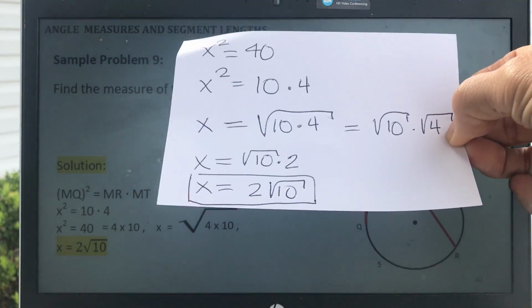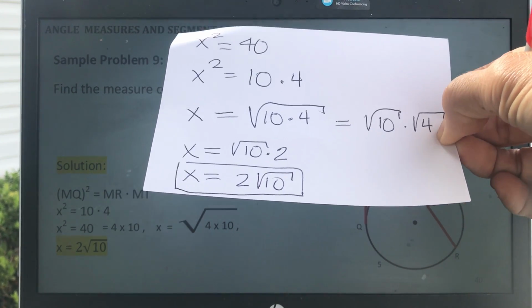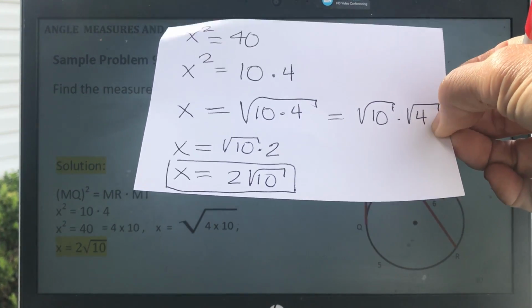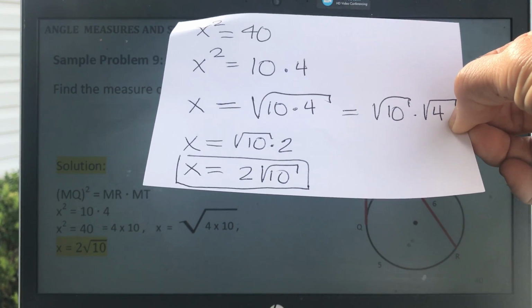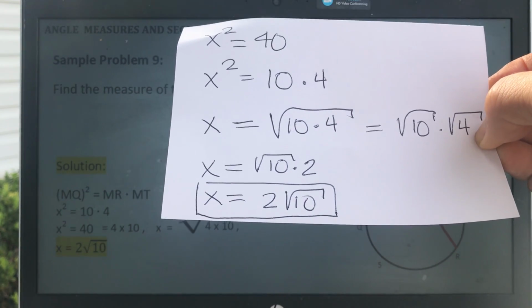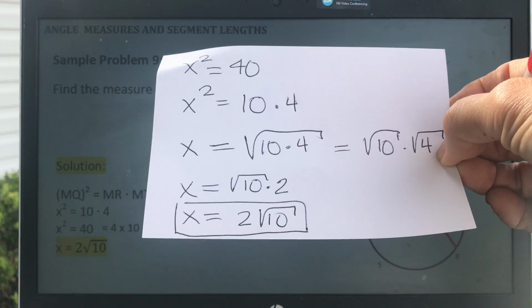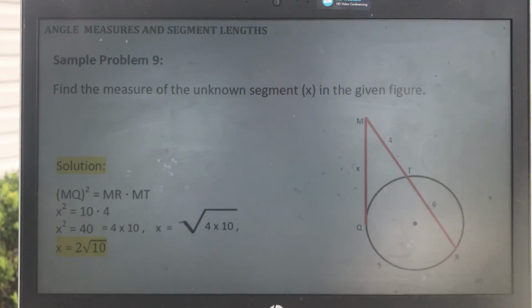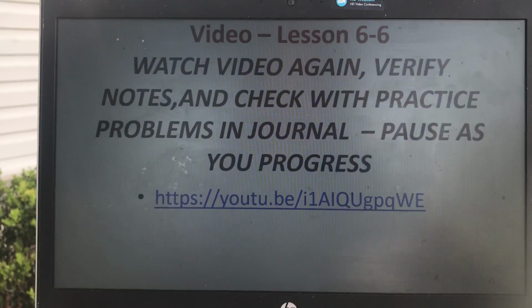So that's going to be equal to the square root of 10 times the square root of 4. The square root of 4 is a perfect square root. So x is going to be equal to the square root of 10 times 2, or 2 times the square root of 10, applying the commutative property to our product or multiplication. So here x is going to be equal to 2 times the square root of 10.